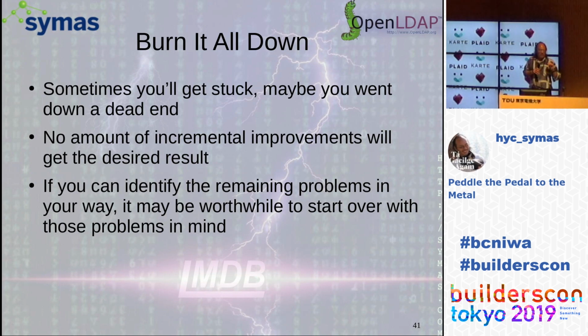Generally, this is something you want to avoid as much as possible, because starting over can mean you wind up recreating all the same problems the second time around. So you do have to have a clear view in mind of the problems that remain that must be solved.